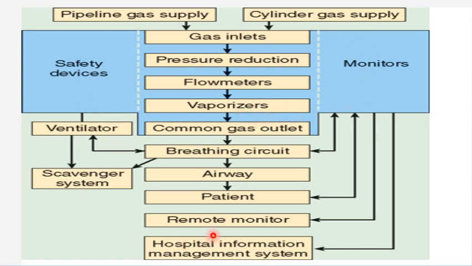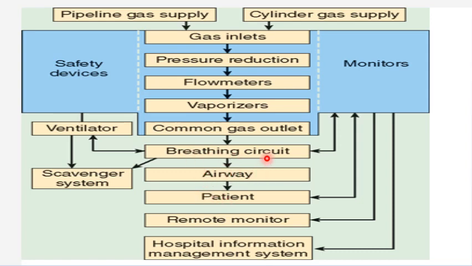All of these parts are integrated in a common system connected to the hospital information management system and the monitors to ventilate our patient and give him anesthesia safely. So we have a source of gas supply from cylinder or pipeline to gas inlets, pressure reduction, flow meters, and vaporizers to the common gas outlet, connected to breathing circuits through the airway and patient.